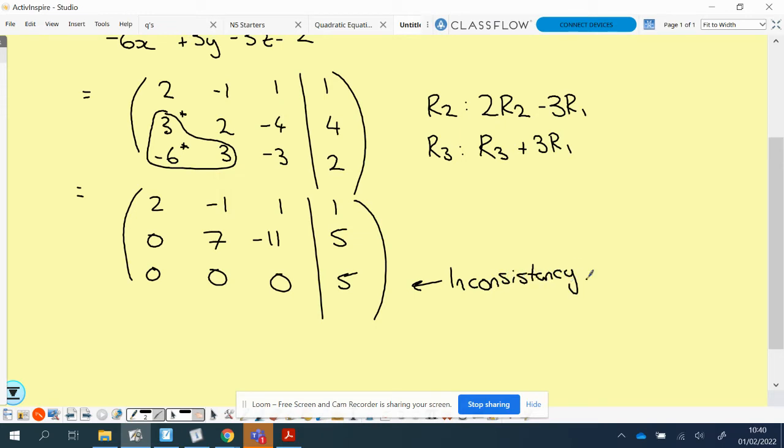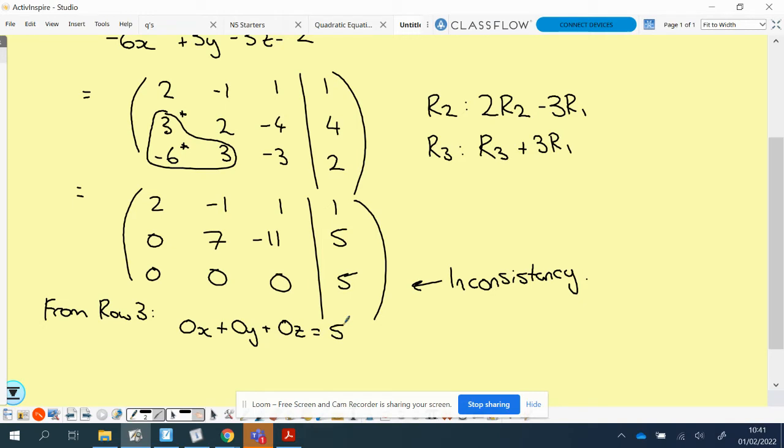Okay, it's inconsistent here, inconsistency, because what row 3 is telling us is that 0 x's plus 0 y's plus 0 z's has to give me the value 5.